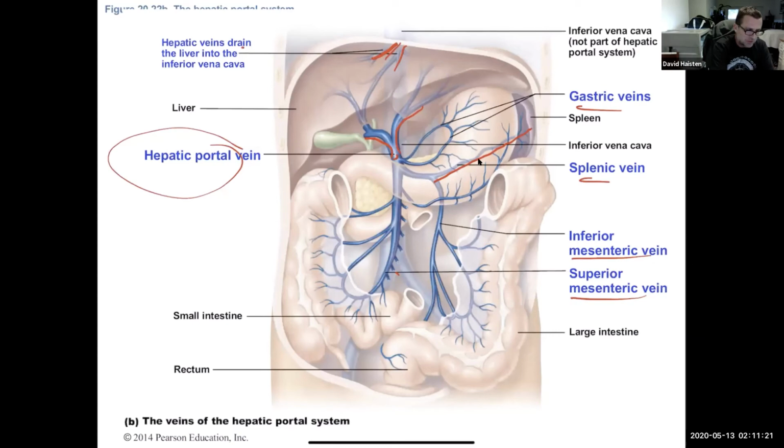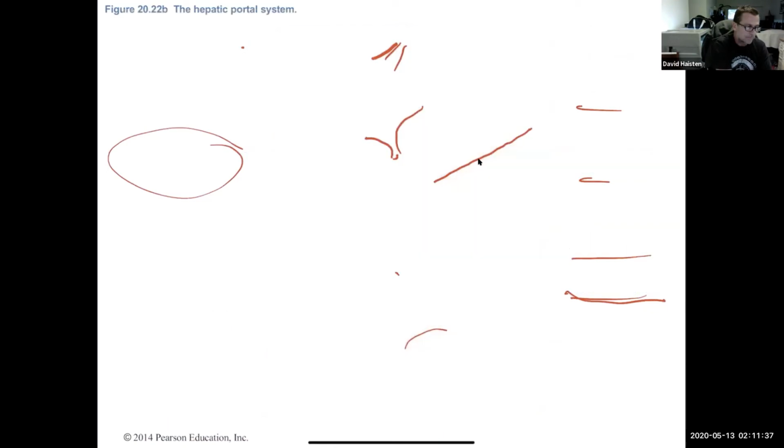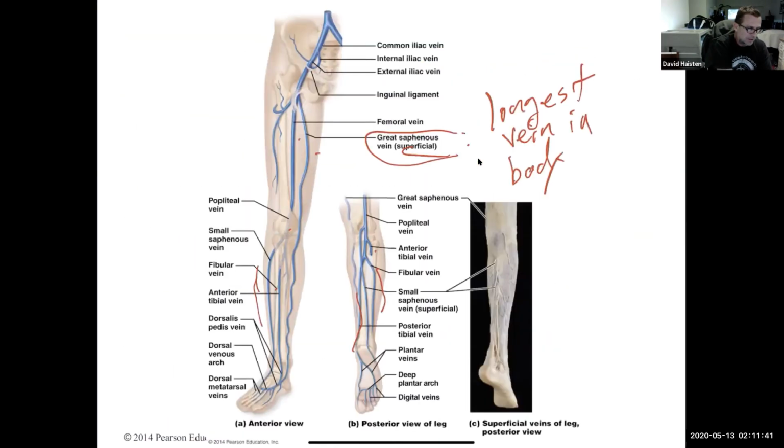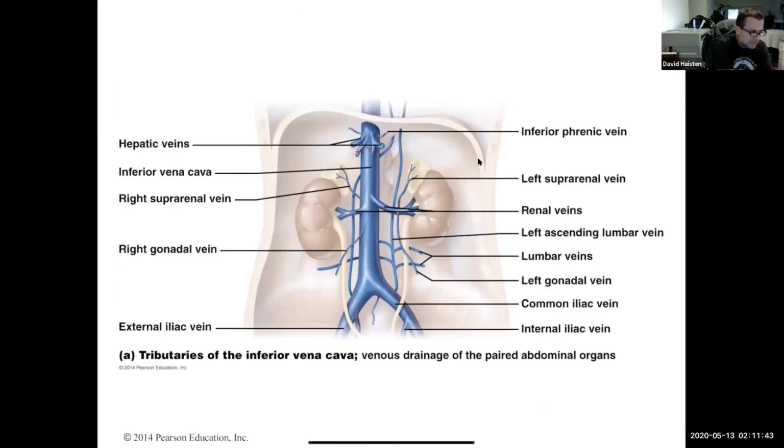So the superior mesenteric artery supplies all of your small intestine. The inferior mesenteric artery supplies just your distal colon and your rectum. If we go all the way back here, you can see the 4 hepatic veins.